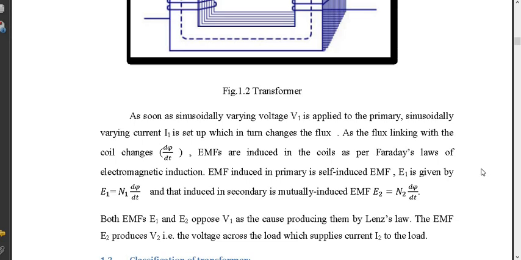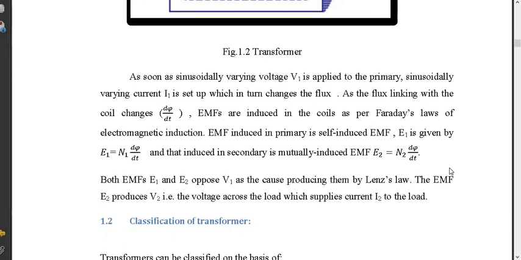So E1 and E2, where E1 is the primary induced EMF and E2 is the secondary induced EMF, the difference between them is that E1 is self-induced EMF and E2 is mutually induced EMF. Both these EMFs E1 and E2 oppose V1 as per Lenz's law, that is, they will always oppose the very cause producing it.